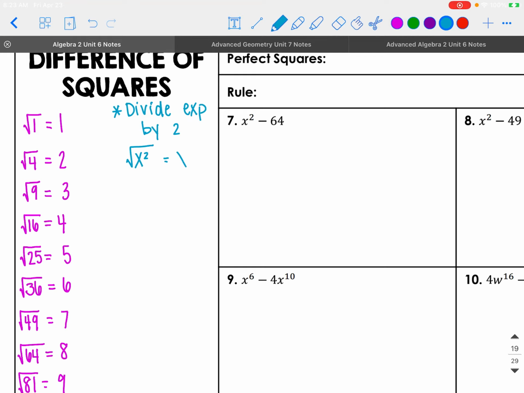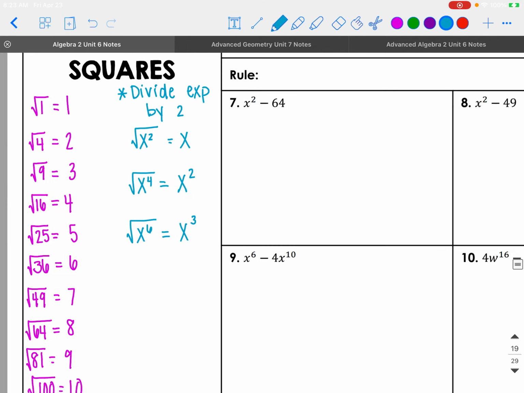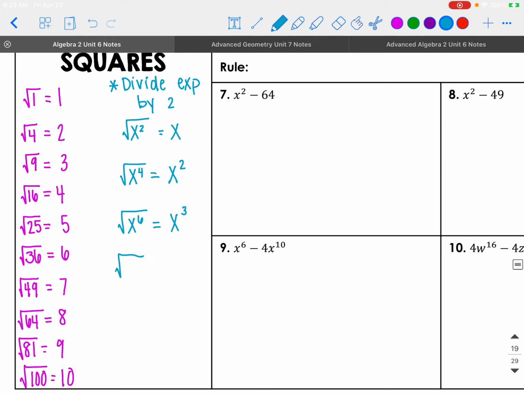So if I'm taking the square root of x squared, that is x to the first, which is just x. The square root of x to the fourth would be x squared. The square root of x to the sixth is x to the third, because 6 divided by 2 is 3.